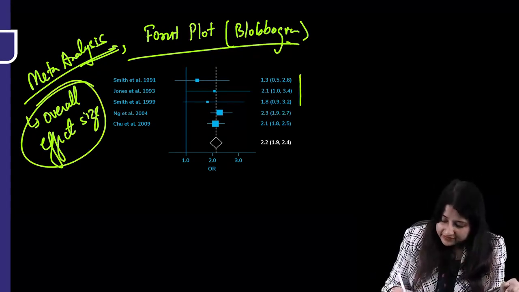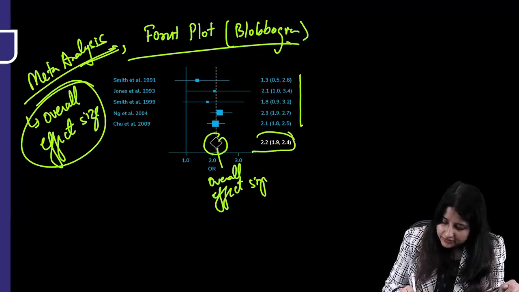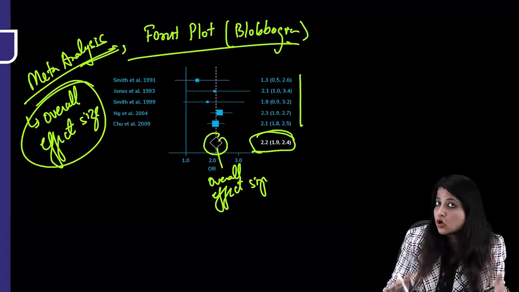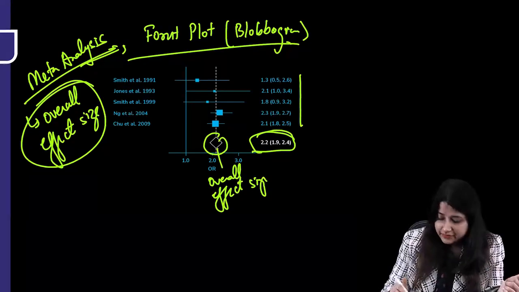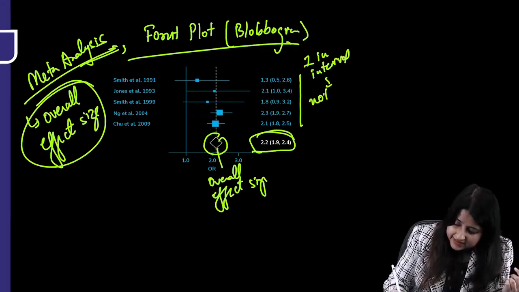We've included different studies, and this diamond tells me the overall effect size. Now if you look at this value, is it significant? 1.9 to 2.4, 1 is not included. So it is significant. Of course, if 1 is included in the interval, it is not significant, which we have discussed.